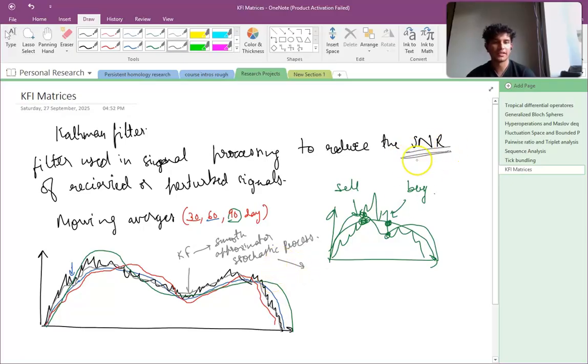It is literally designed, or constructed as an algorithm, purely to reduce the signal to noise ratio. Let me just write that up here. Signal to noise ratio is equal to your SNR.